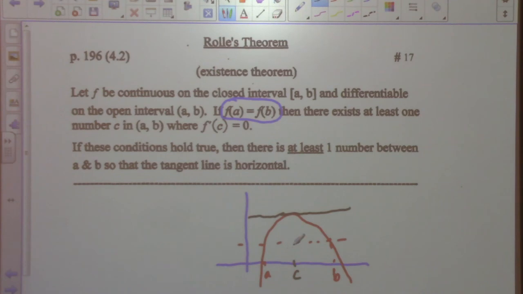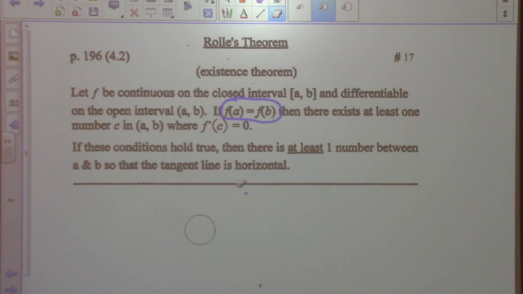So this is a special case of the mean value theorem. It's the same thing, but in this special case you have a horizontal tangent line. And so that's why we're looking at the mean value theorem with Rolle's theorem right on the heels of it.